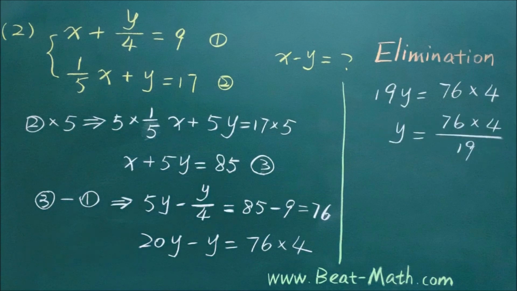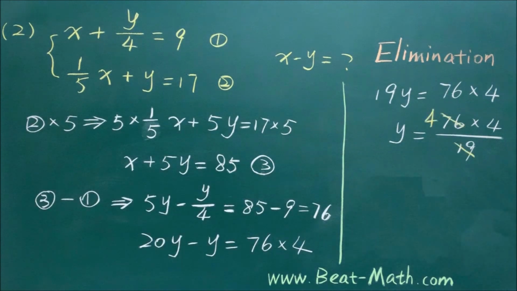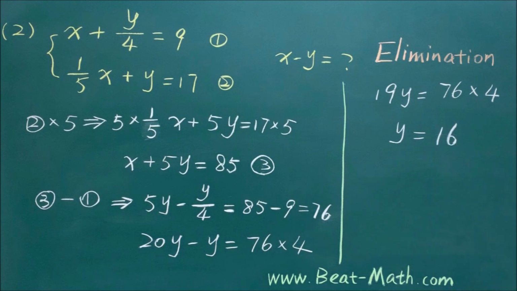We get 76 times 4 over 19. 19 is a factor of 76. 76 divided by 19 equals 4. 4 times 4 equals 16, and y equals 16.